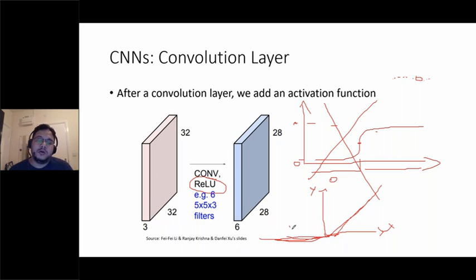It becomes 0. It doesn't transform into 0 or 1. The 0 is 0, but positive values remain the same. The gradient here is better. As you can see, here it's not very good, but here it's better. We have some gradient. It's not a very small value when we put it in conjunction with the loss function.